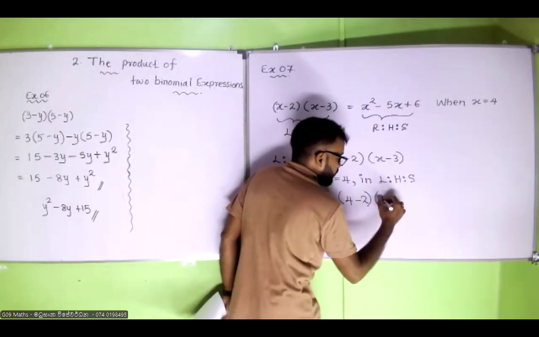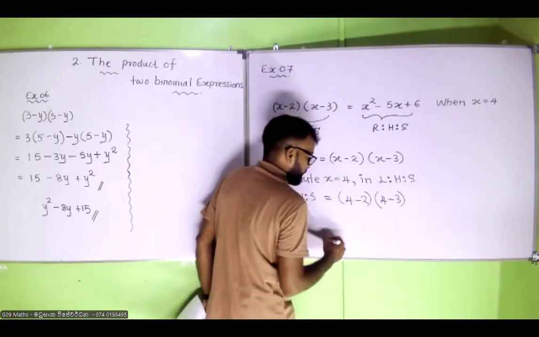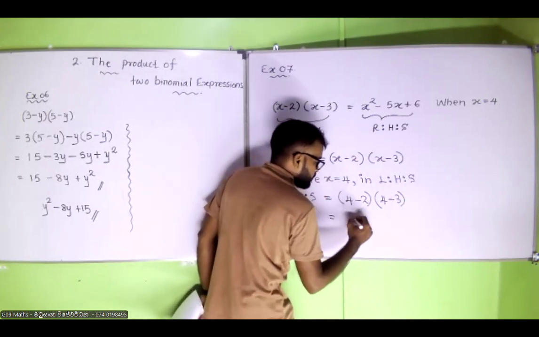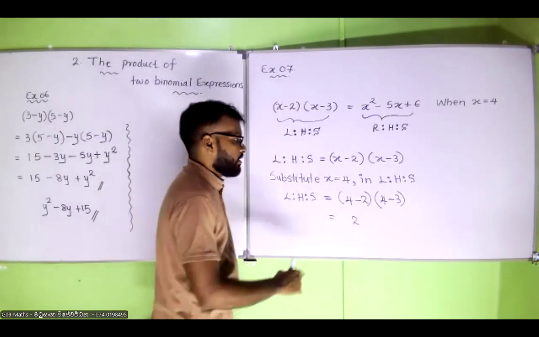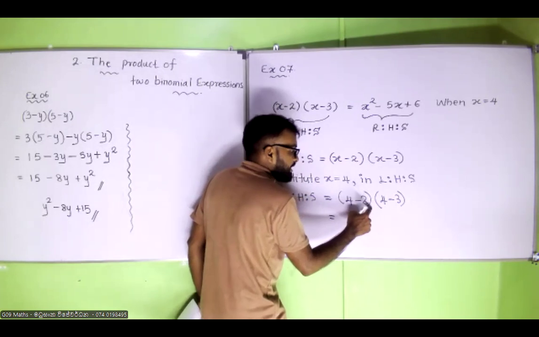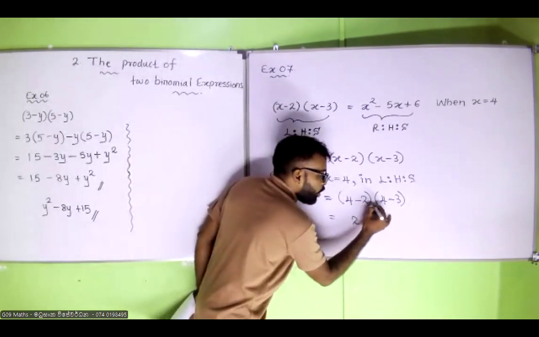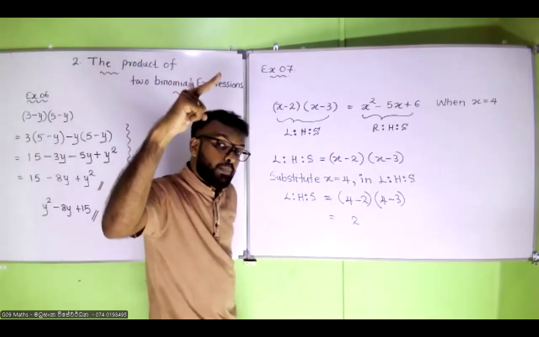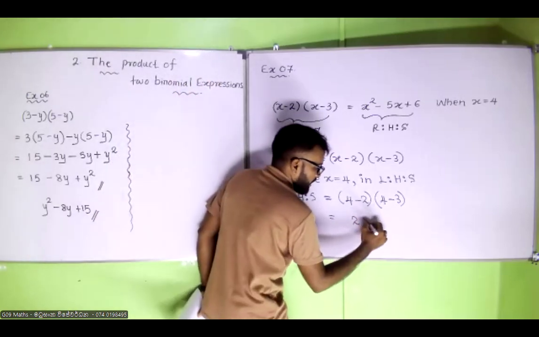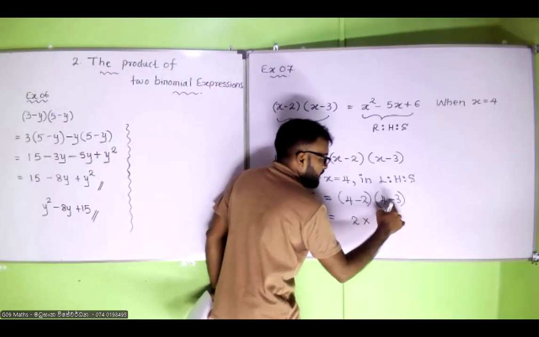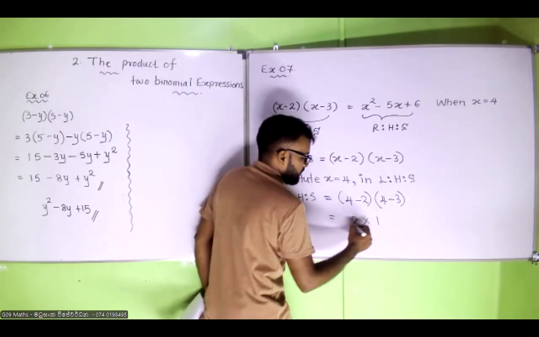Instead of x, I am going to substitute 4 minus 3. 4 minus 2, 2. You know that. Between two brackets, here you have a dot. That means multiply. Multiplication. 4 minus 3, it is what? 2 times 1, 2.